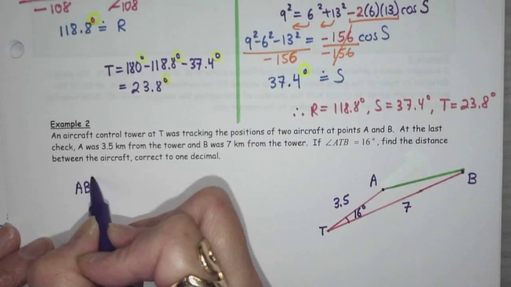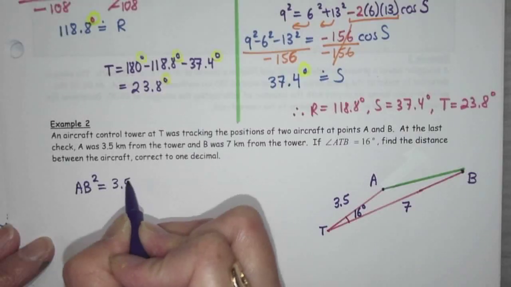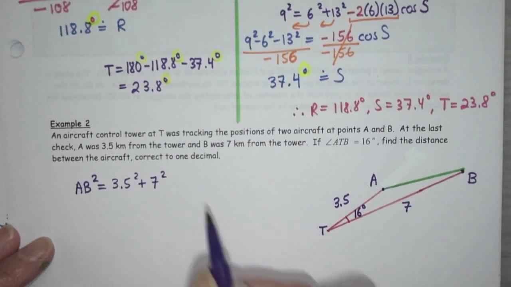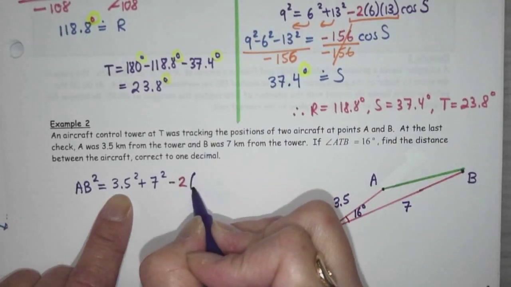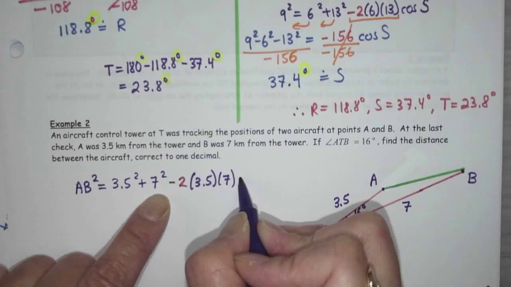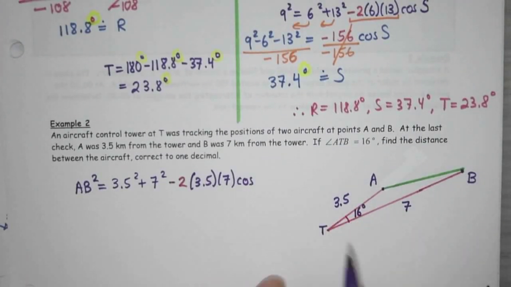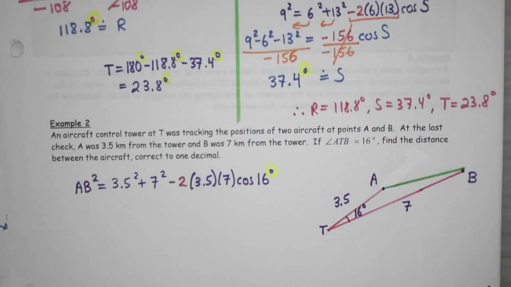So this is going to be AB squared equals 3.5 squared plus 7 squared, and the formula goes minus 2, and then the same 2 numbers, 3.5, 7, and cos of the 16 degrees. Again, try to keep your degree here, please. People start to lose your degree symbols.